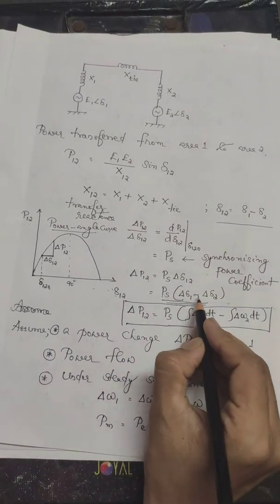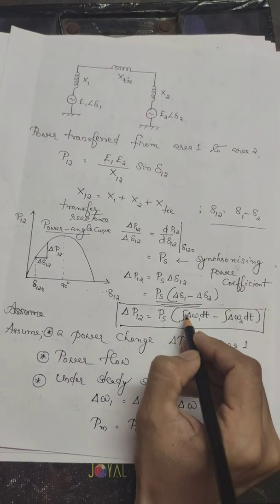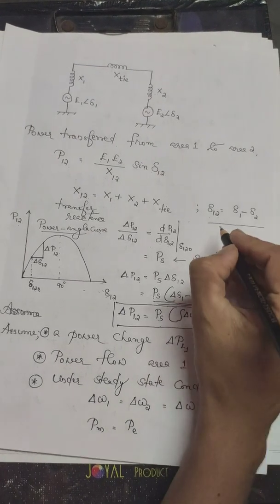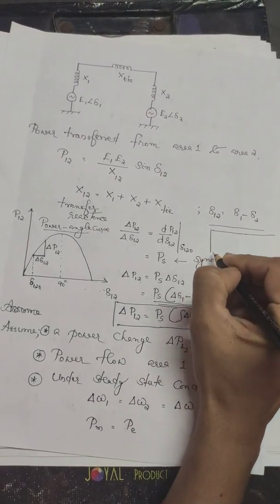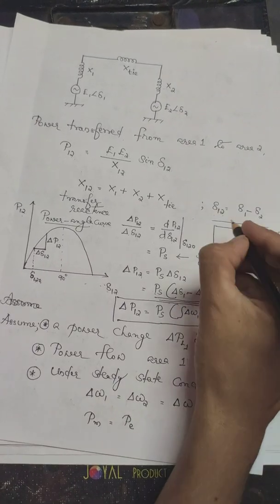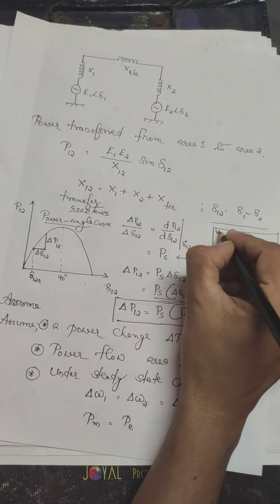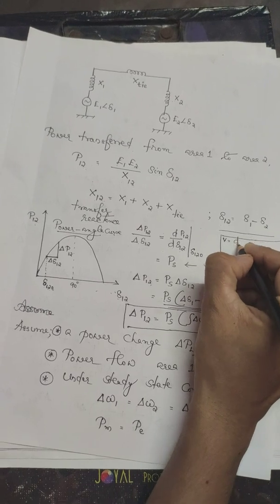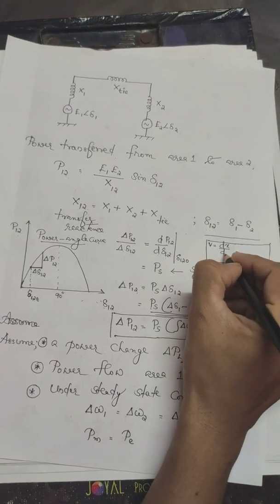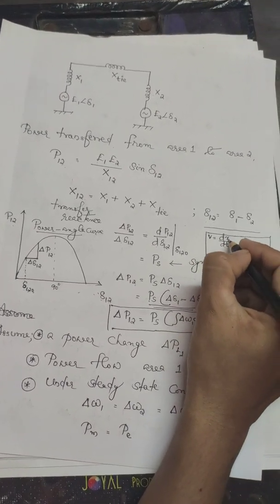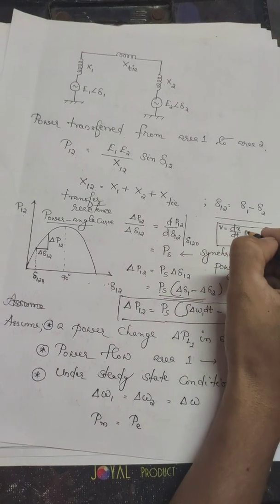So why are we writing delta 1 as integral of omega dt? We know that in linear motion, the linear velocity v is equal to dx by dt, that is d by dt of linear displacement.